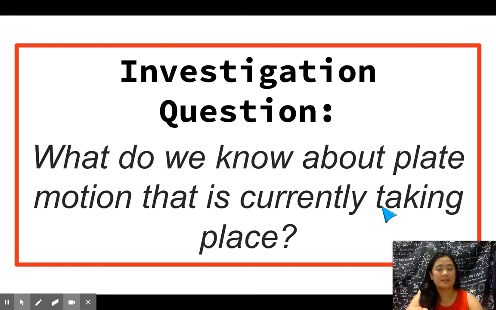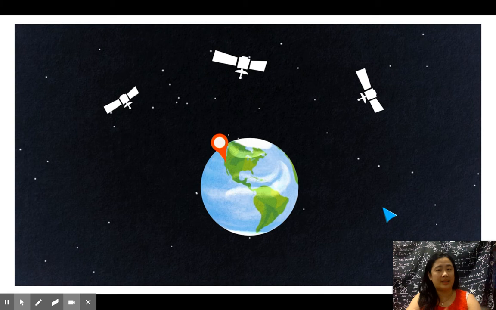Okay, so far we have learned in this last chapter that at all boundaries, divergent and convergent boundaries, there's earthquake activity happening and volcanic activity happening. And we also learned that scientists are able to learn more about plate motion and the rate of plate motion with GPS systems.